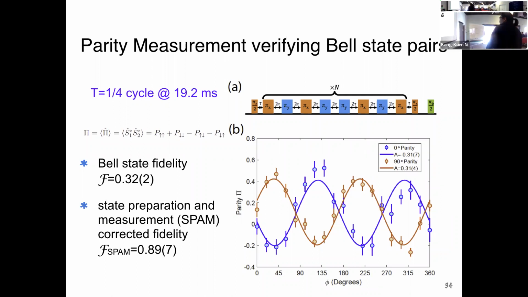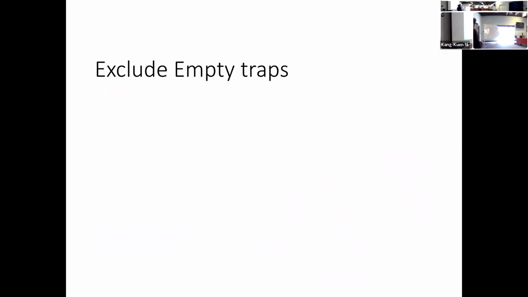But we know the fidelity is actually much higher, because it turns out this fidelity here is reduced due to state preparation. If we were to correct, it's higher than 0.5, but that's not sufficient because it has to be uncorrected. It turns out the reason is that the state preparation, meaning this optical pumping, is not perfect, but there is a way to see which shots we have prepared perfectly and which shots we have not, and then exclude those, which is legitimate.